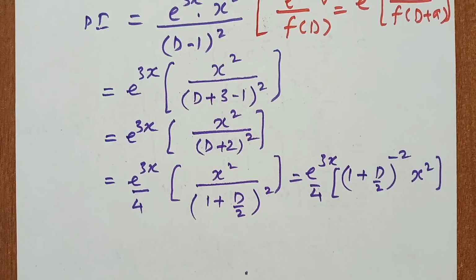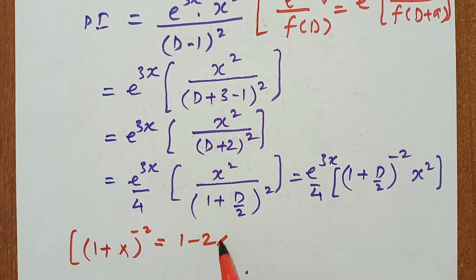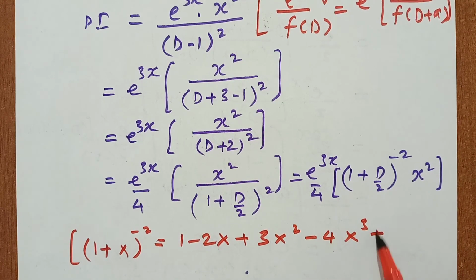Now by using the formula, (1 + x)^(-2) = 1 - 2x + 3x² - 4x³ and so on.